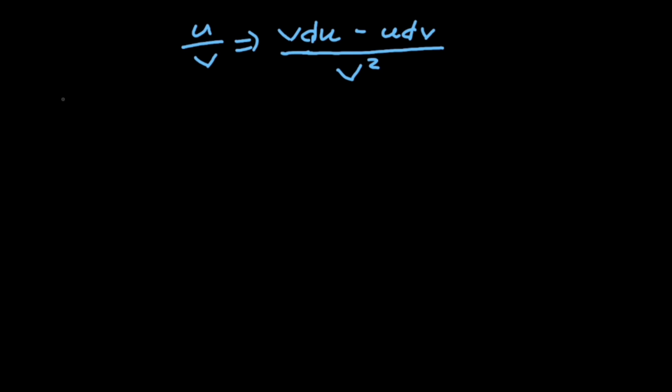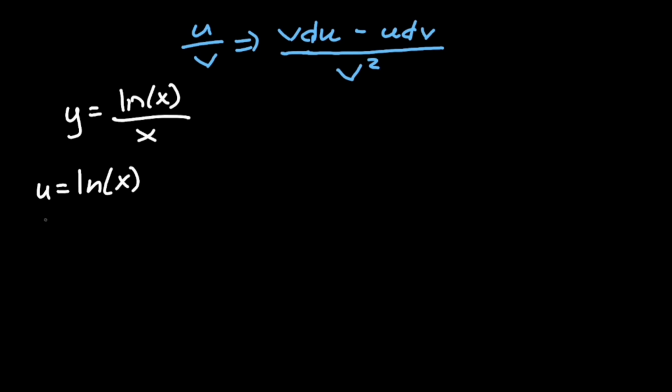Now, let's try solving logarithmic problems using the quotient rule. Y is equal to ln of x over x. U here will be ln of x, and the derivative of ln of x is 1 over x.